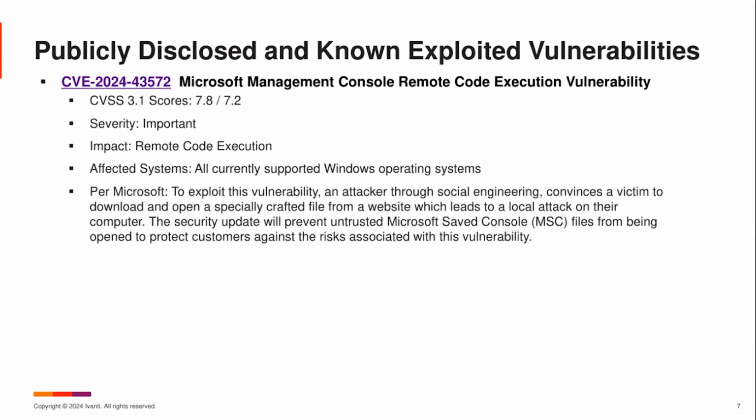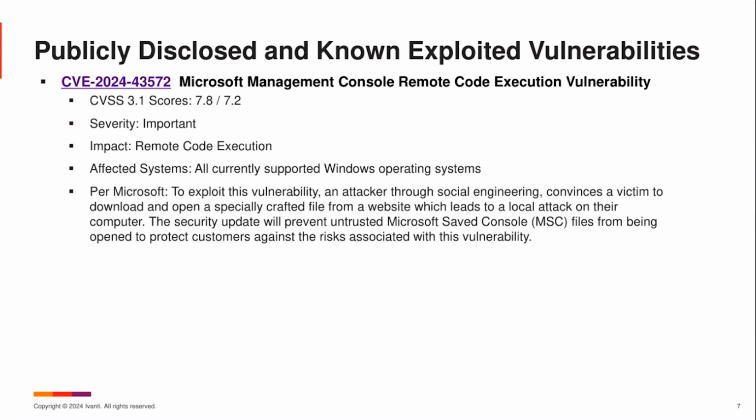I'm sorry, this is the MSC one. Microsoft's Management Console, the MSC vulnerability. With Microsoft's MSC interface, when you export an MSC config, you have a file that you can move over and import into another Microsoft console, and take that configuration and use it in other parts of your environment.